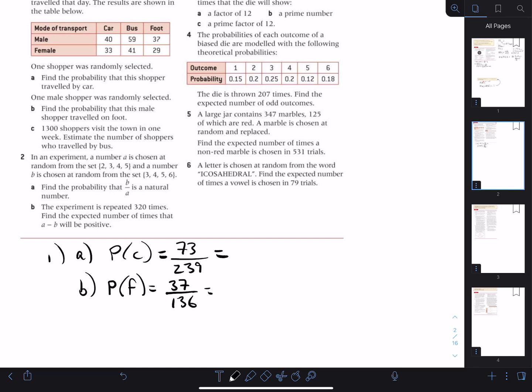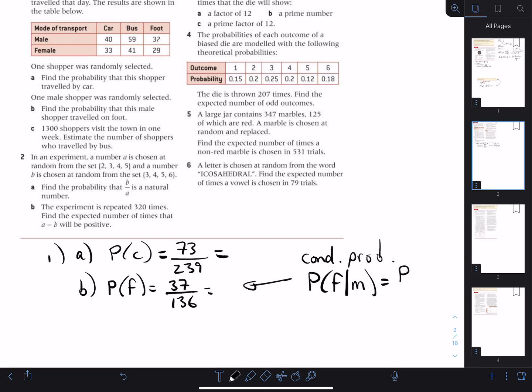The real way to do that is, this is interesting, conditional probability. And the way you write it is like this. So you're looking for the probability that somebody is on foot. And then you write a big line here and you say what you already know. You know that they're male, like that. And there's a little formula in your formula booklet for this.